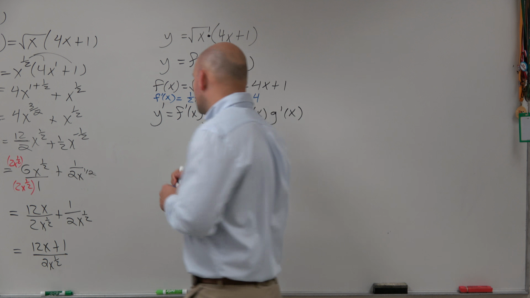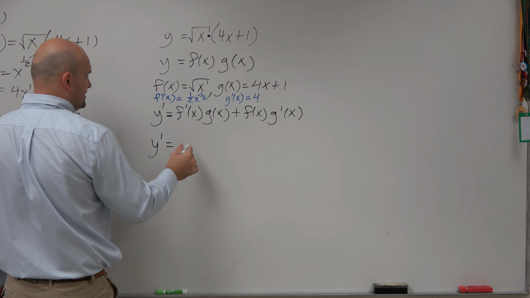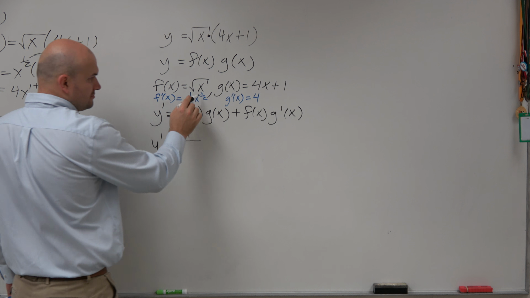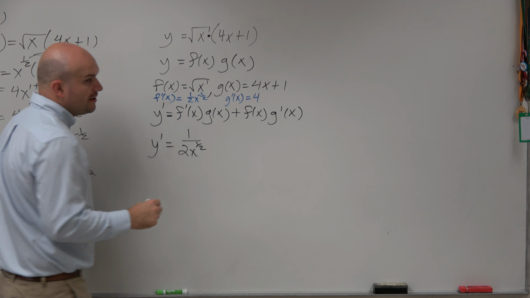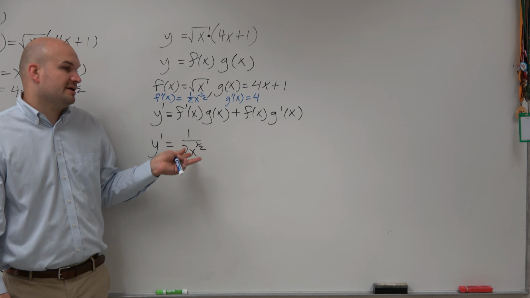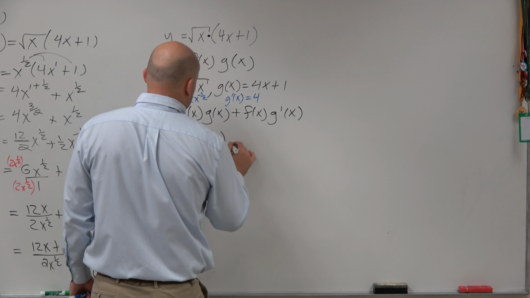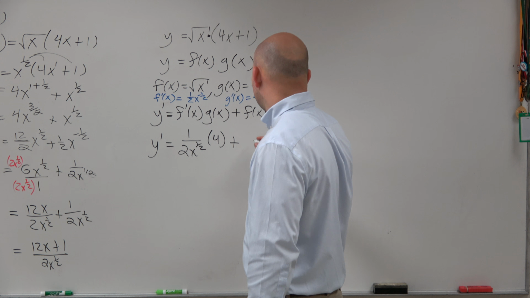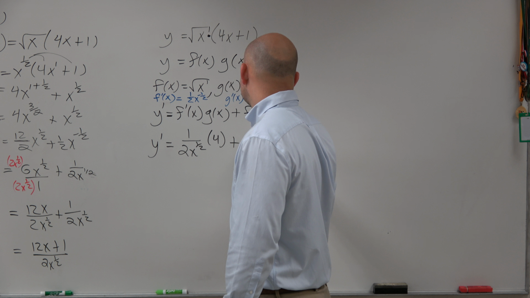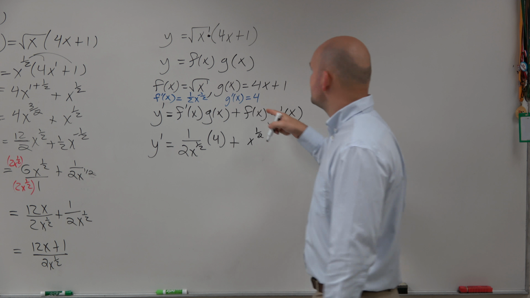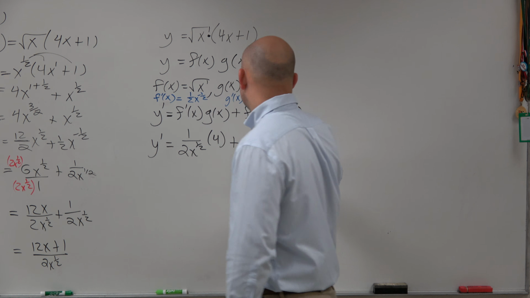Okay, so now when I go ahead and do this, I have 1 over, I'm going to bring the x down, if that's okay with you guys, and make it a positive power instead of writing it as a negative. Times 4 plus f of x, which I'm just going to rewrite as a rational power, x to the 1/2, times g of x, which is 4x plus 1.